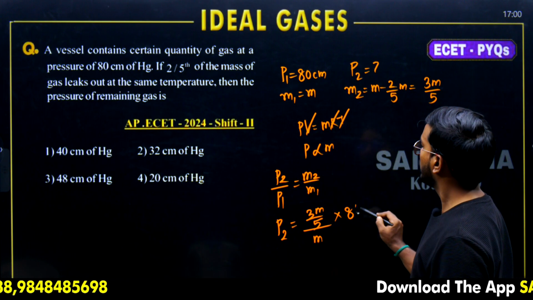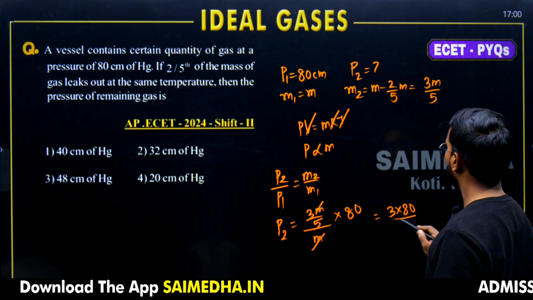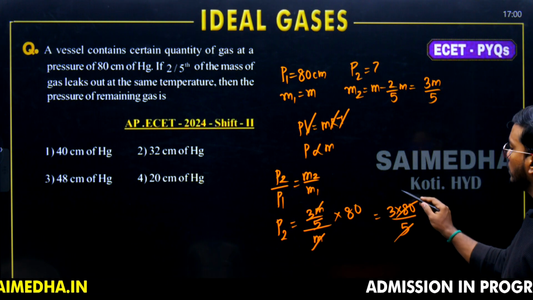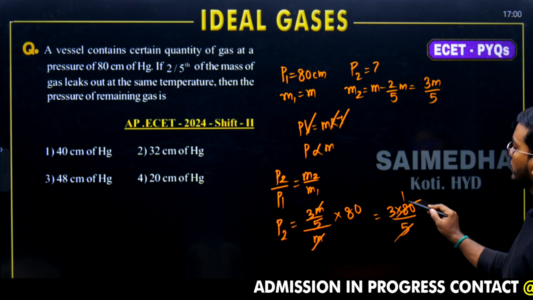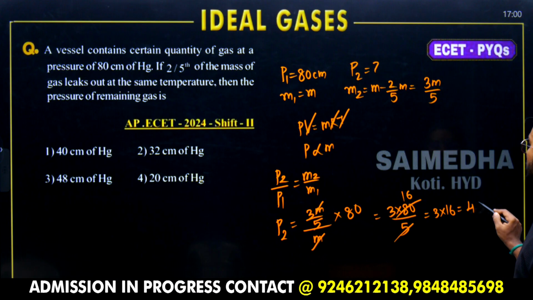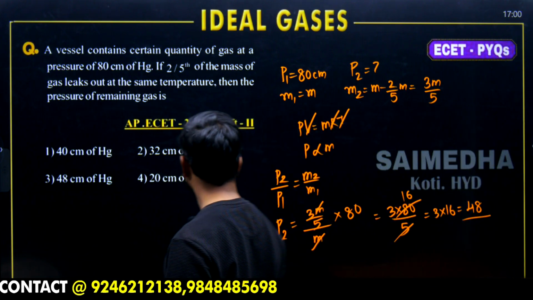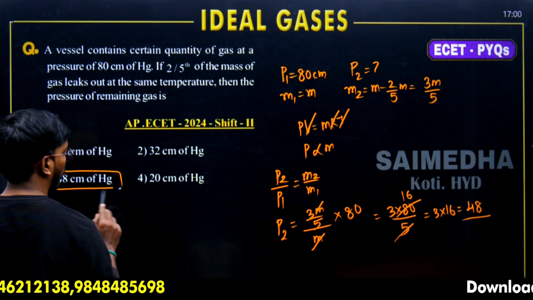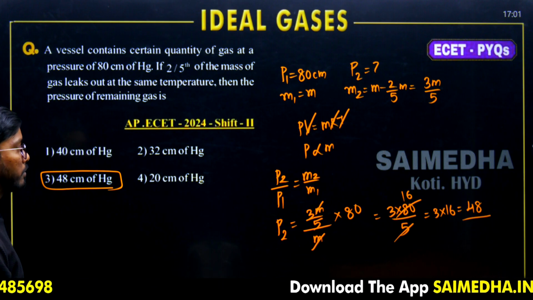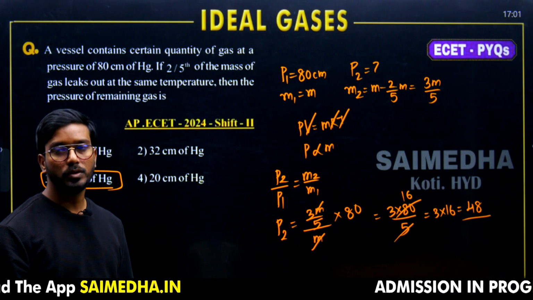P1 is 80. M and M cancel. 3 into 80 divided by 5. 5 ones are 5, remaining is 3. 5 sixes are 30, 16 threes are 48. So what is the answer? 48 centimeter of Hg. This question appeared in 2024, shift 2.